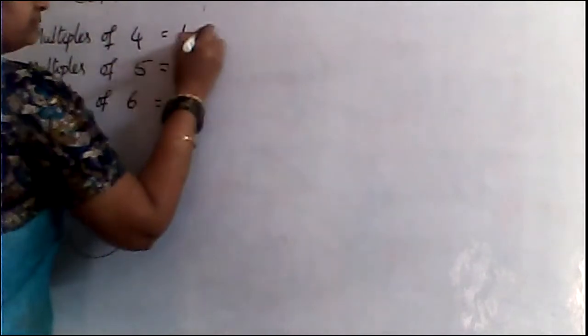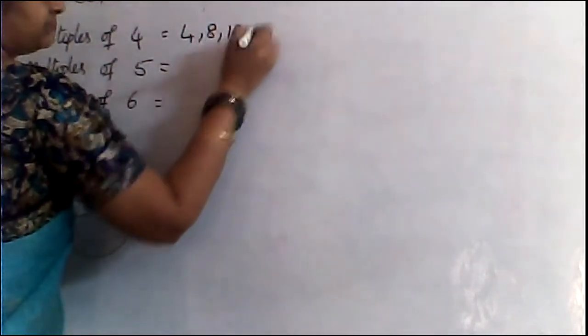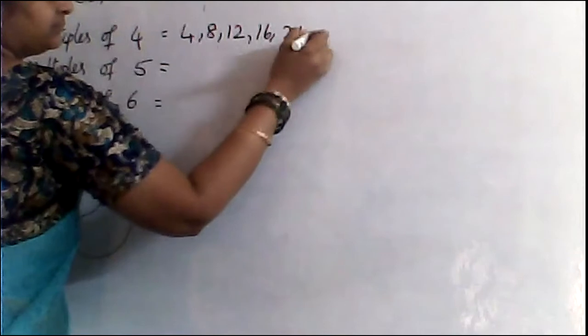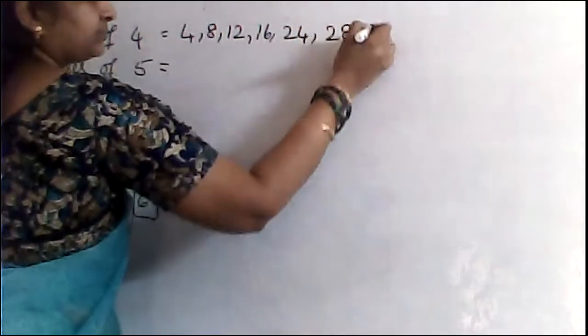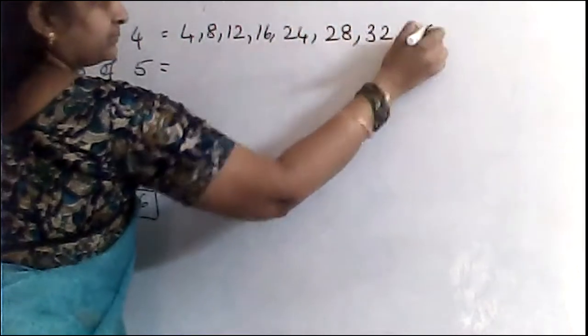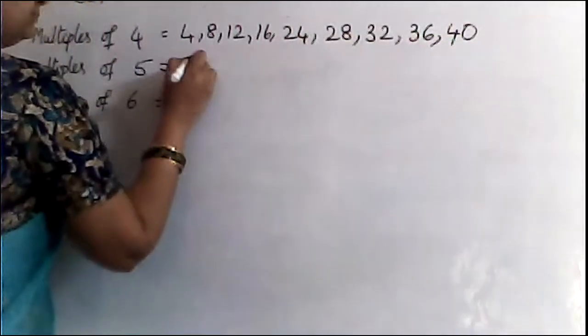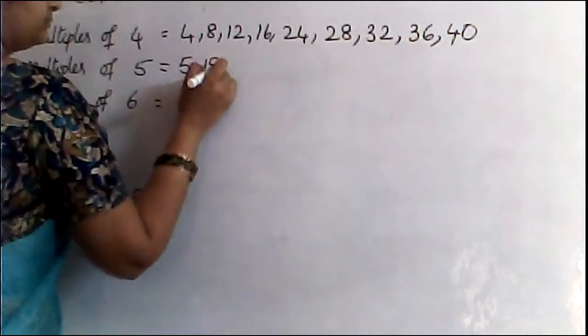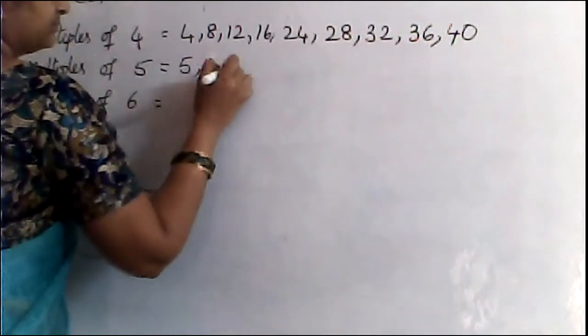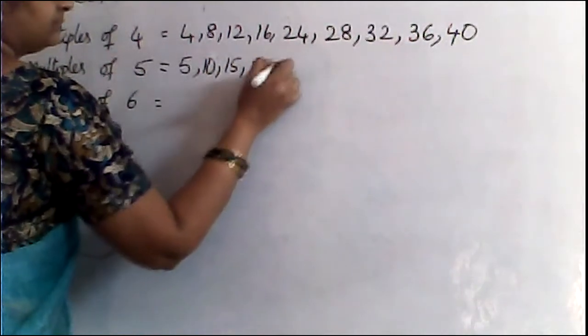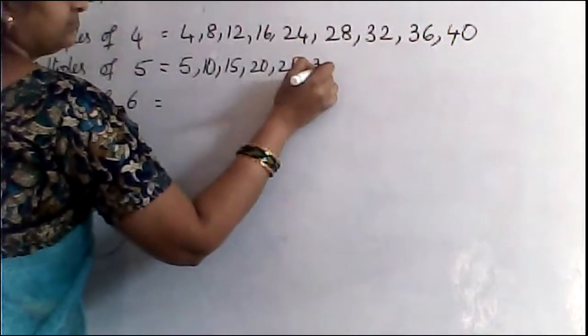Multiples of 4: 4, 8, 12, 16, 20, 24, 28, 32, 36, 40. Multiples of 5: 5, 10, 15, 20, 25, 30, 35, 40, 45, 50.